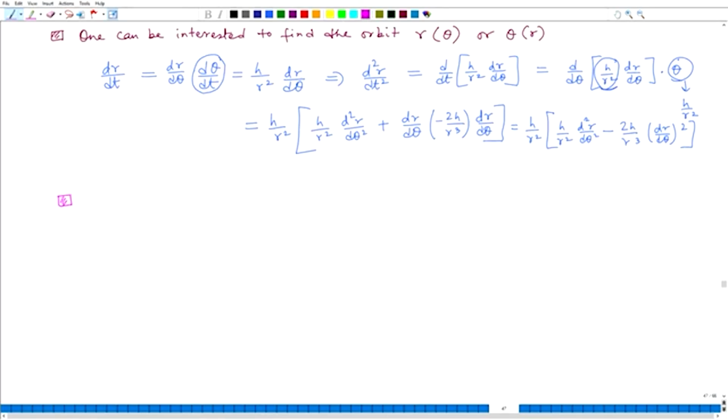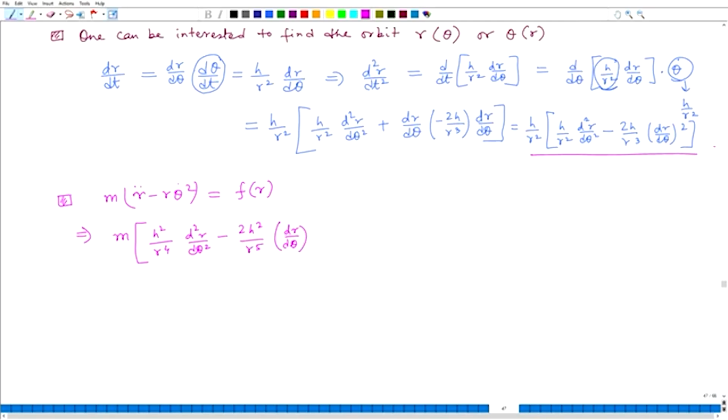recalling m r double dot minus r theta dot square is equal to f r, we can actually write m r double dot as h square by r to the 4 d2r d theta 2 minus 2h square by r to the 5 dr d theta whole square.